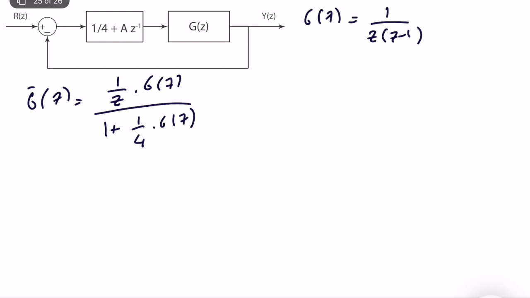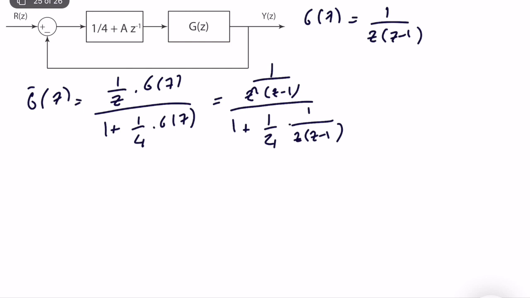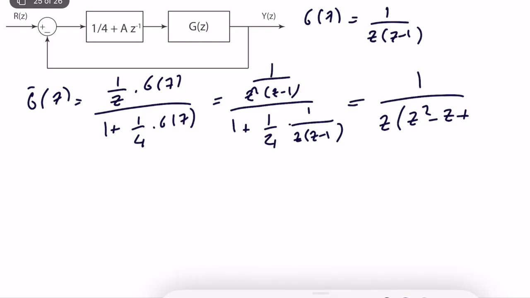G(z) is given as 1/(z - 1), and in this case G bar(z) is equal to 1/z times 1/(z - 1) divided by 1 + 1/4 times 1/(z - 1), which simplifies to 1 divided by z times (z^2 - z + 1/4), where 1/4 is easier for us than 0.25.